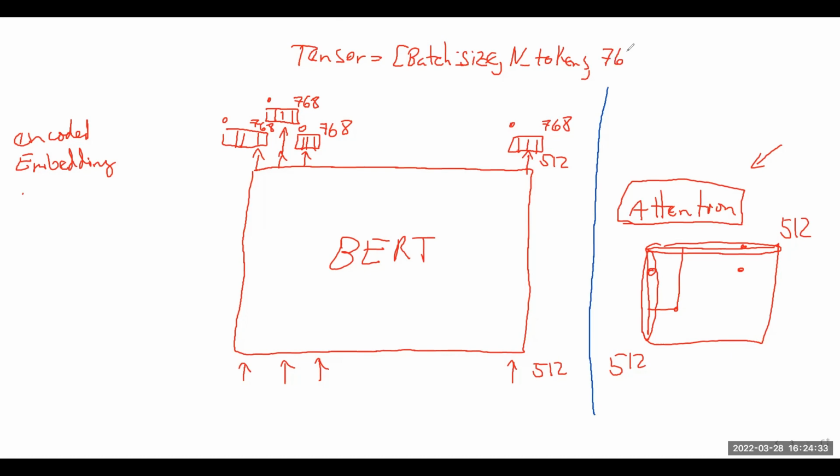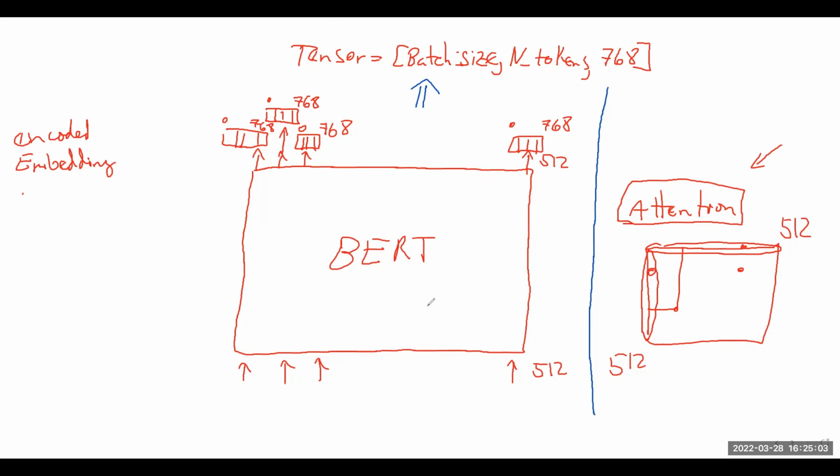That's the dimension that you get. So for every sentence or every token that you give it, you get this batch size, tokens, 768. So that's kind of the tensor that you get as an output. The input is the same thing, batch size and tokens that you provide, but they're not embedded at this time. They're just kind of like blank.